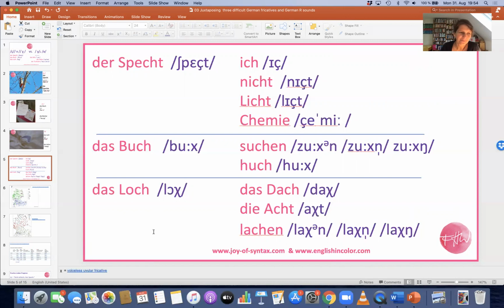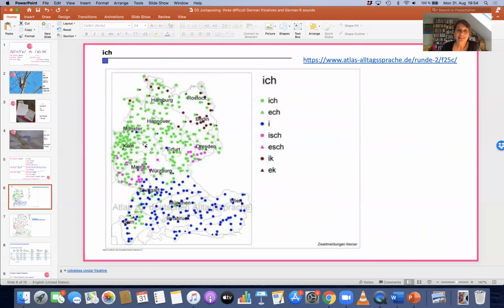Okay, now look at this map of Germany. Where you see the green circle, that's where people tend to say ich. Where you see the purple circle or dot, that's where people tend to say ish. And you see here in the area, there's an ish area. That's close to Aachen, ish. Not all of the people in Aachen say ish, but a number do.